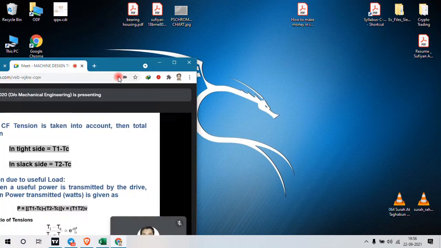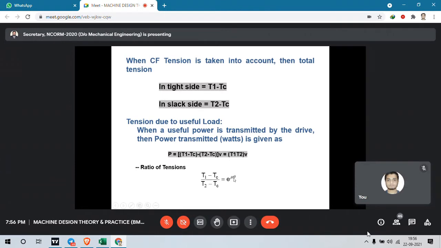Solve it for the V belt, where the terms sine theta and cosine theta will come into the picture.